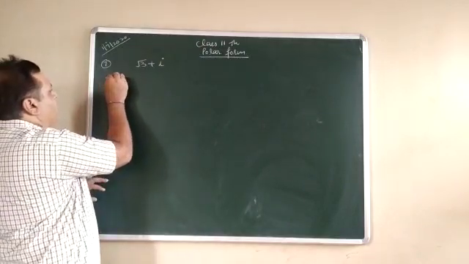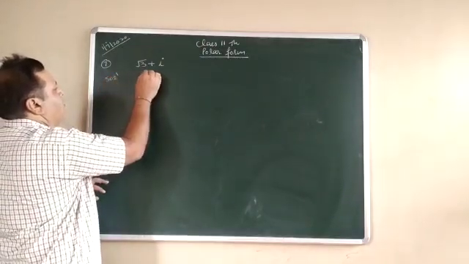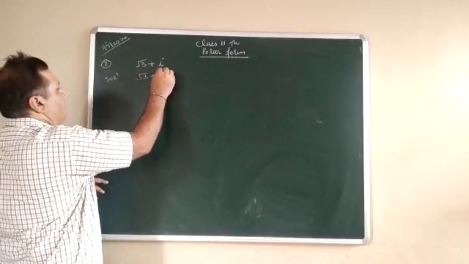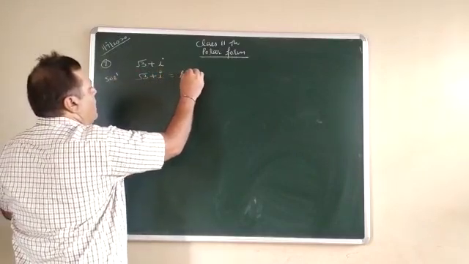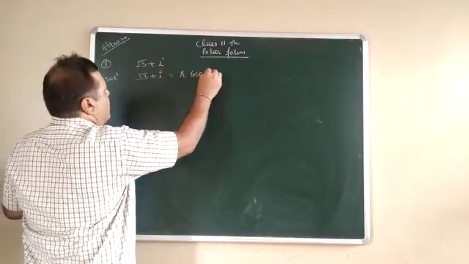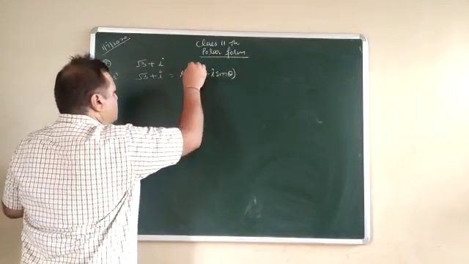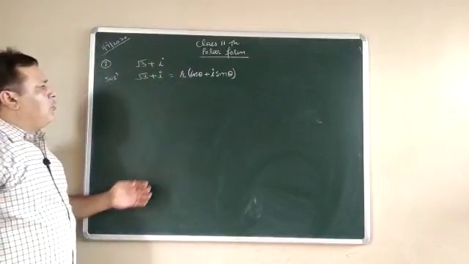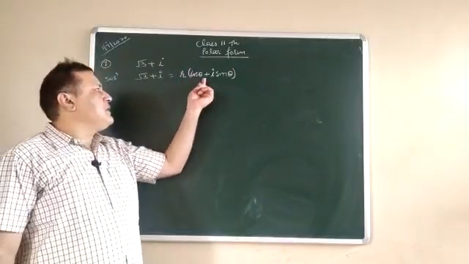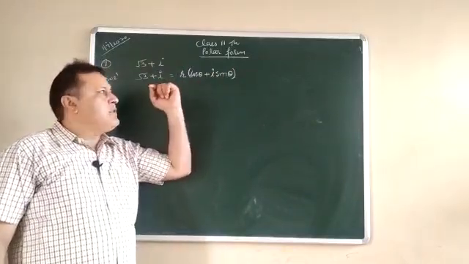See the solution. Root 3 plus iota is equal to r cos theta plus iota sin theta. This is the method of polar form, r cos theta plus iota sin theta.